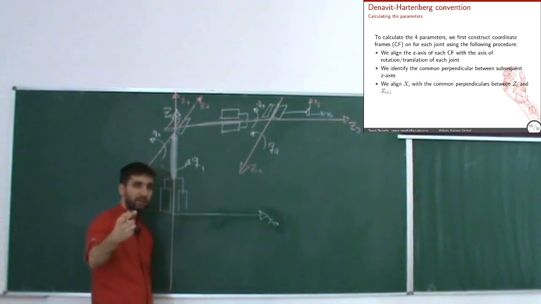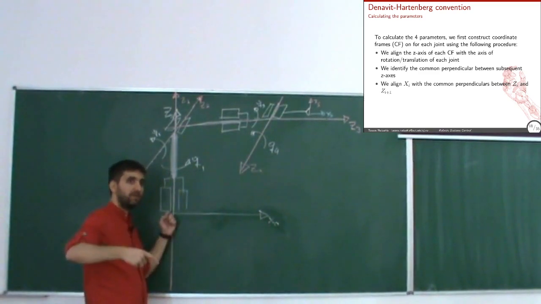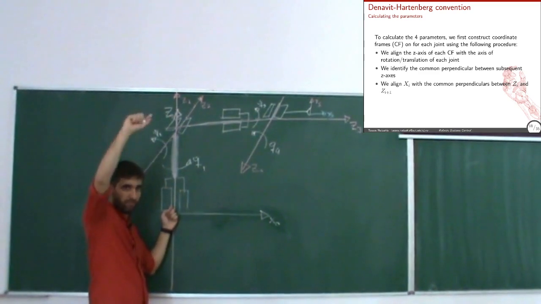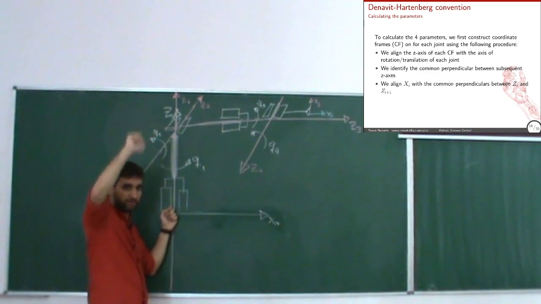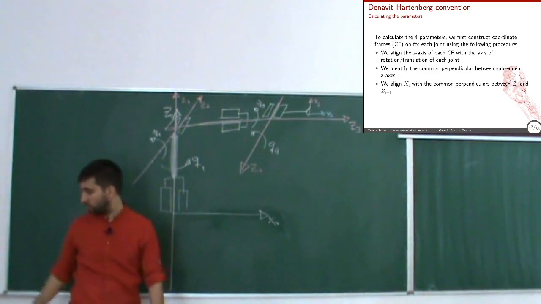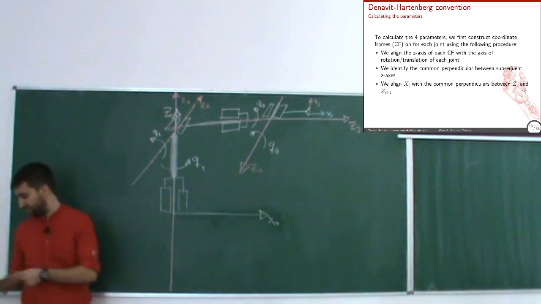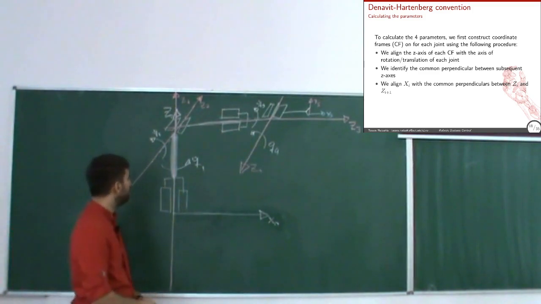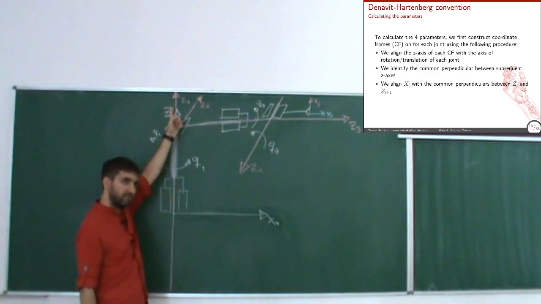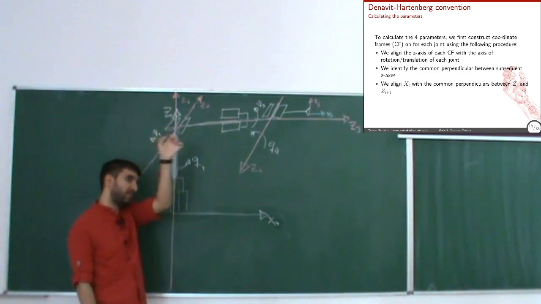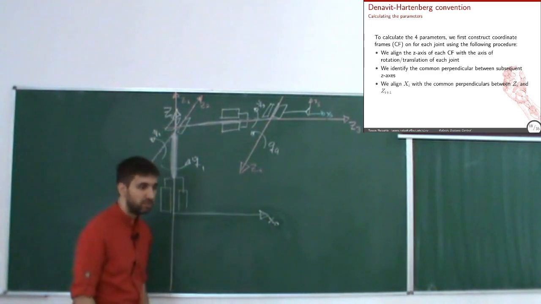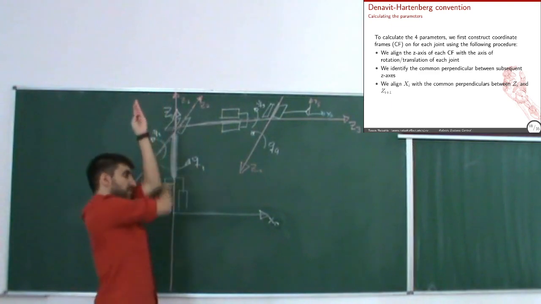My x1 is perpendicular to z1 and z2. Right? Don't get confused like me. So, what is the common perpendicular between z1 and z2? z1 is this one, and z2 is pointing inside. So it's basically this and this.